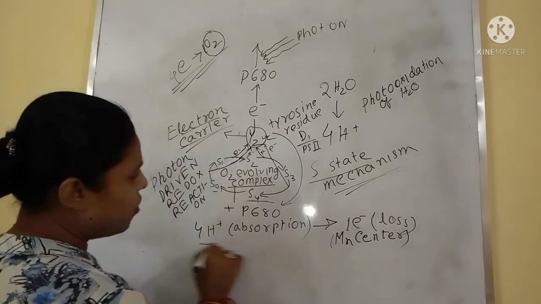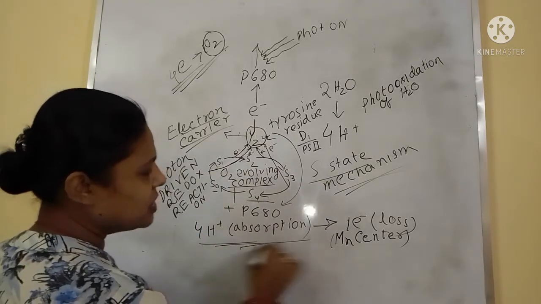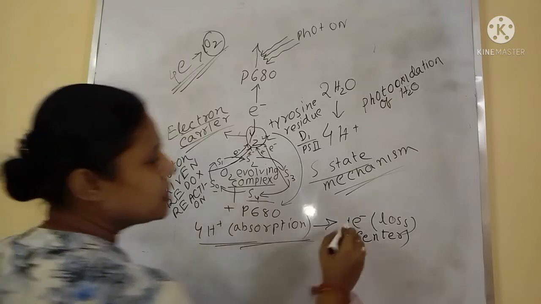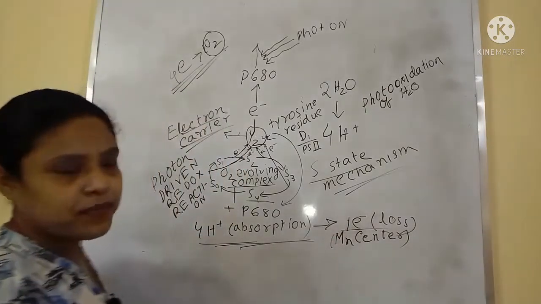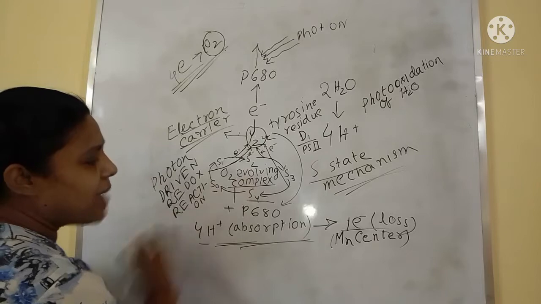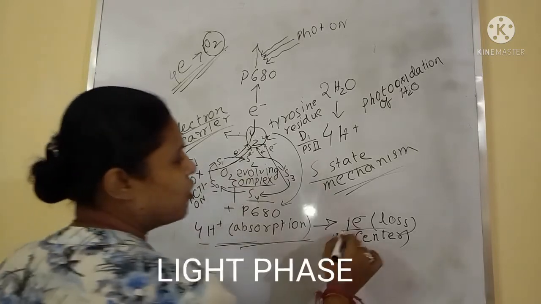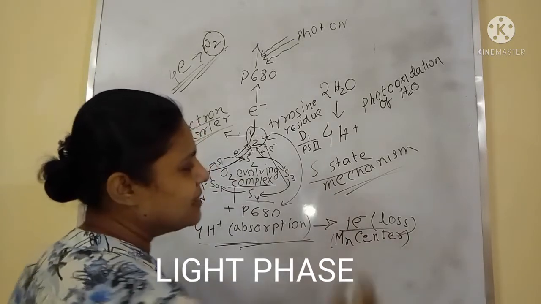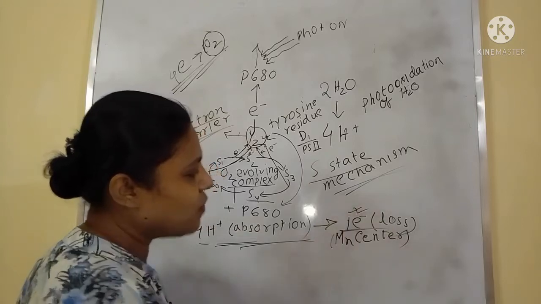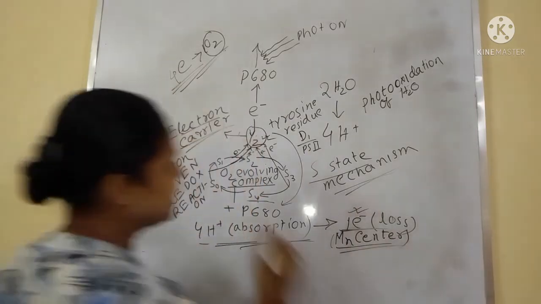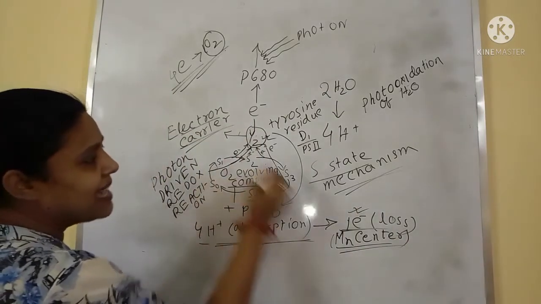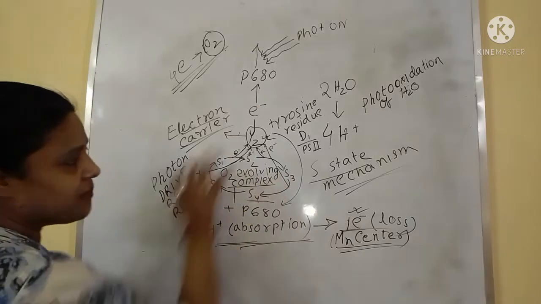First, photon absorption occurs for each 1 electron loss. Four photon absorptions occur for 4 electron losses, and each electron is lost from the manganese center in the S-state.